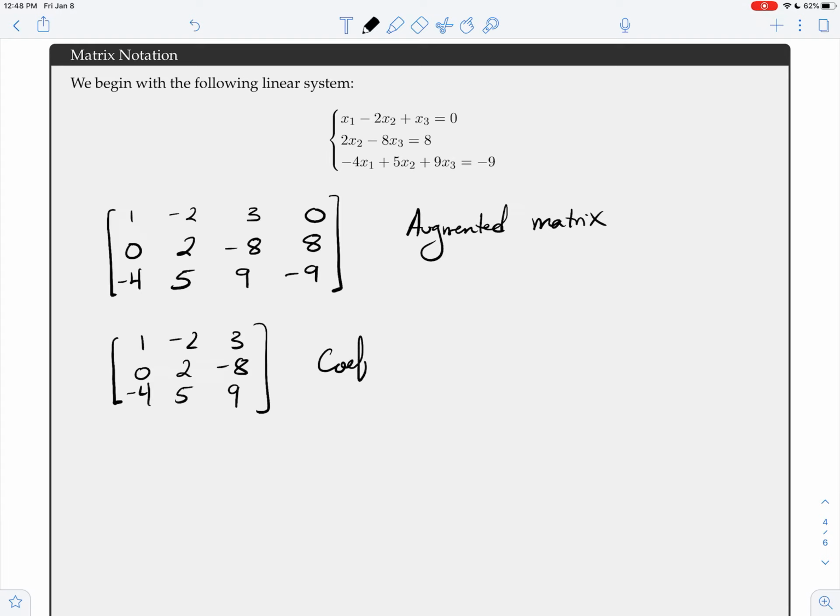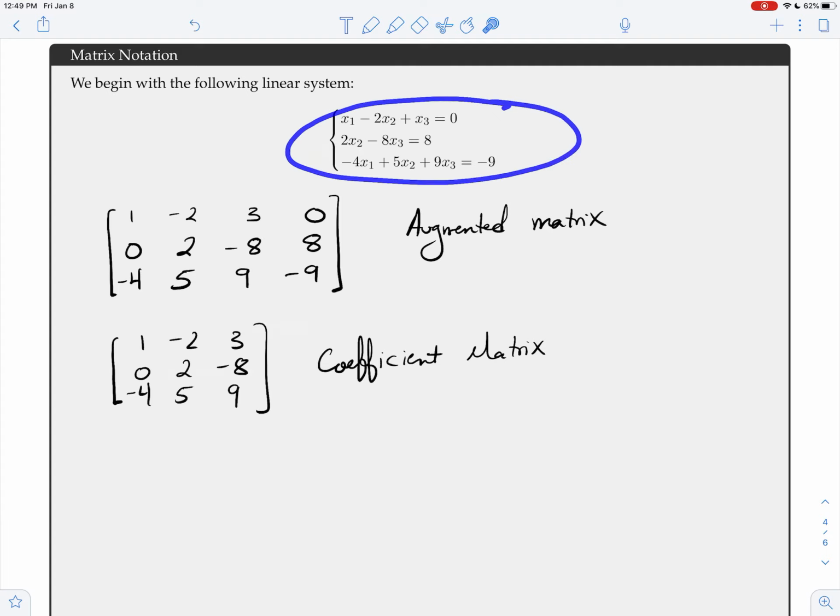This is the coefficient matrix. Okay, so we're going to learn, starting in the next section, how we can work with matrices to be able to efficiently solve linear systems.